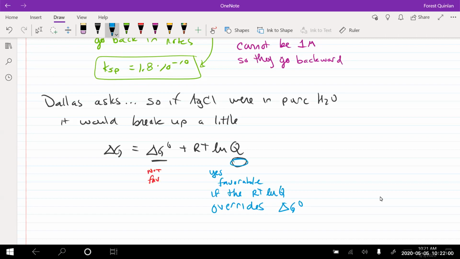So what you have to do is figure out what value of that Q, how much you have to take the products down such that you can actually get that quantity to override the not favorable delta G naught. And it can be done, and you can do it.